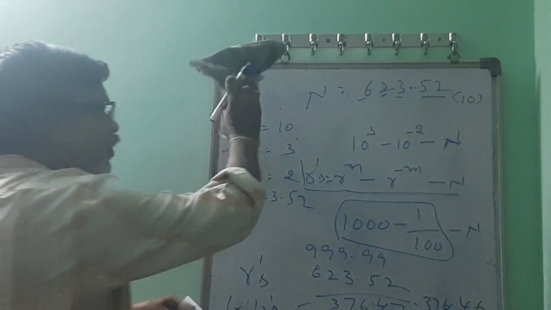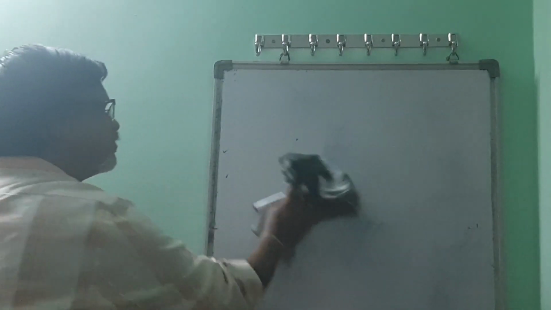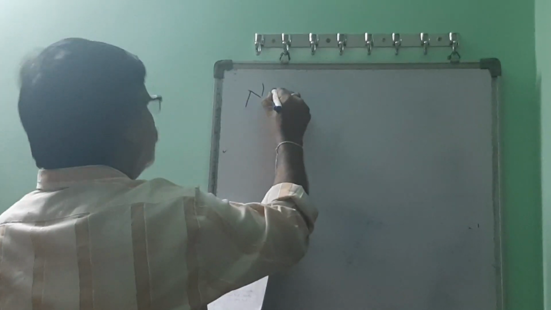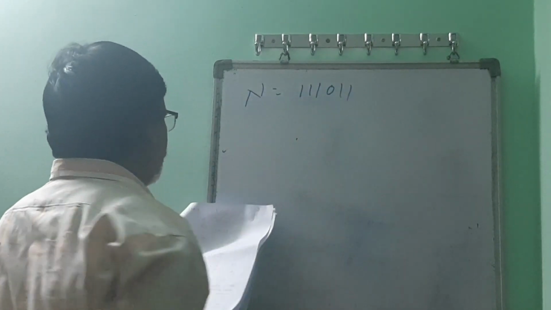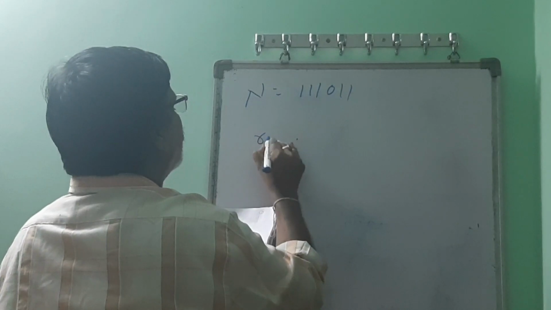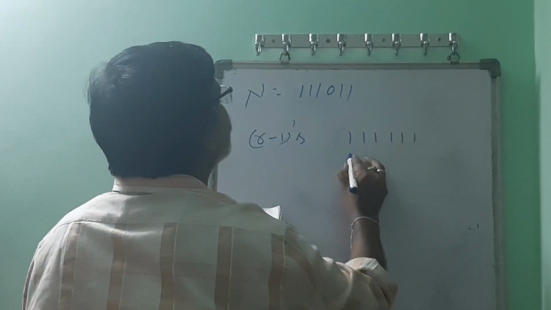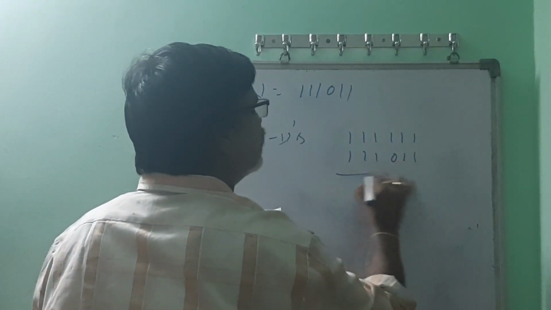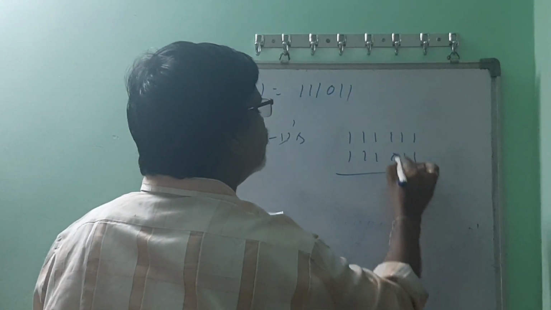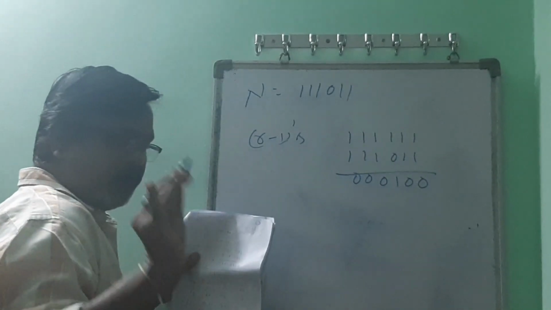Let us take one more example for better understanding. It may be in binary values also. Here we will consider a binary example. N is equal to 111011. To calculate the r minus 1's complement, you need to subtract from all ones, so you get 000100.